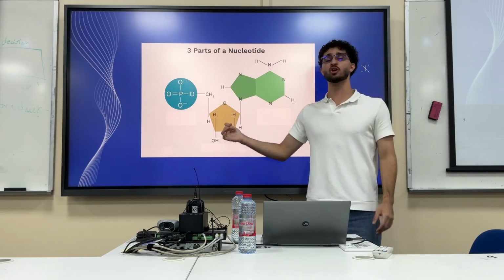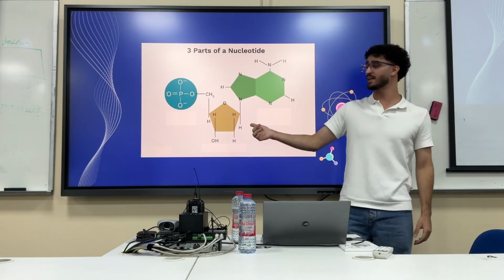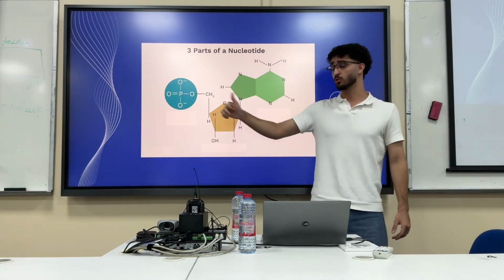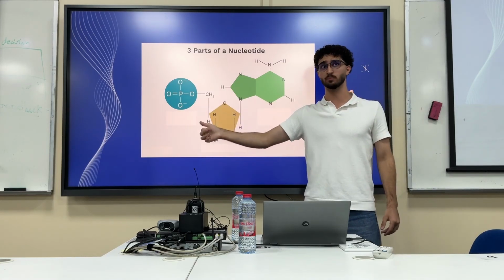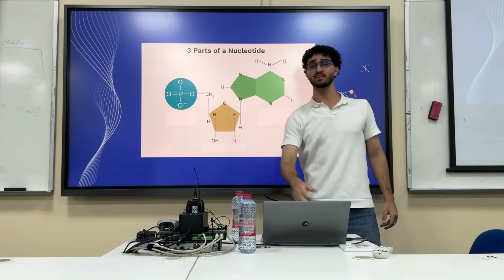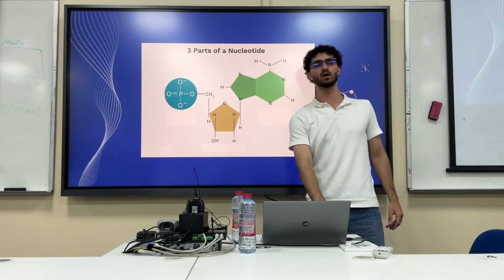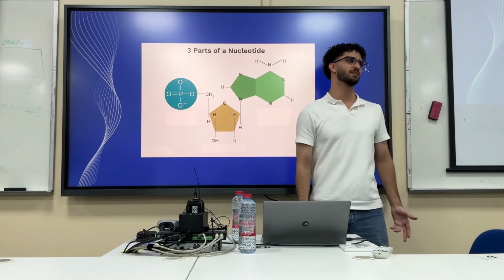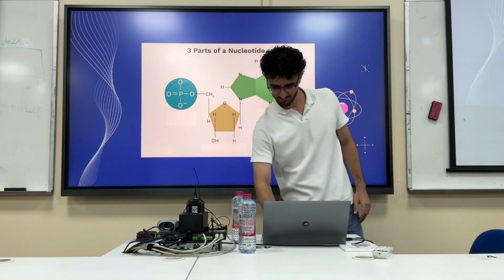The sugar can either be a ribose or a deoxyribose. You can have more than one phosphate group. What is a compound that has more than one phosphate group that is a nucleotide?